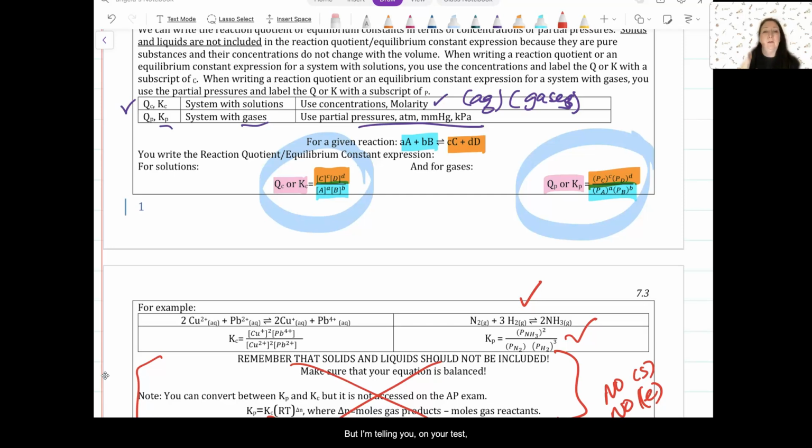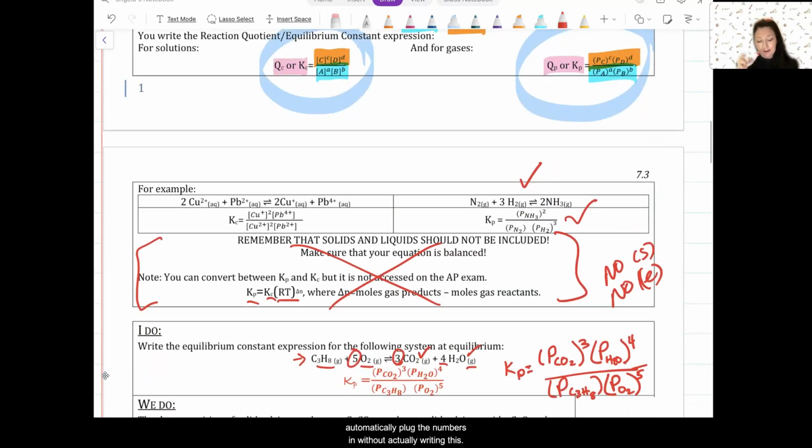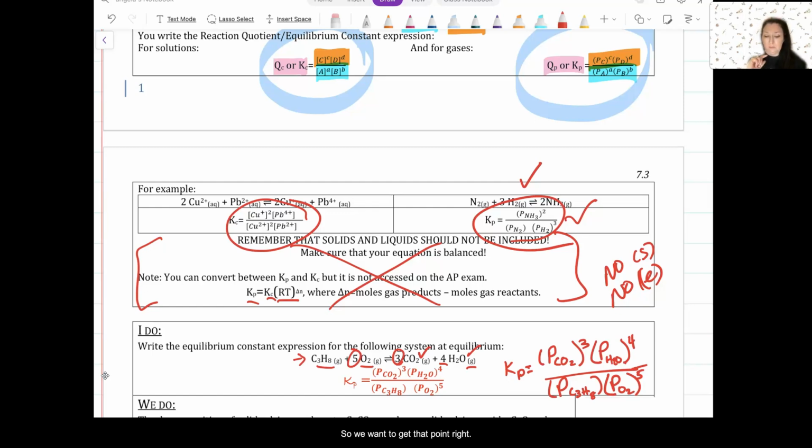But I'm telling you, on your test, if part A is write the equilibrium expression, and then part B is calculate the equilibrium constant, you just jump right in and automatically plug the numbers in without actually writing this, you will not get the first point, even though it's all correct. So watch out. So we want to get that point, right?